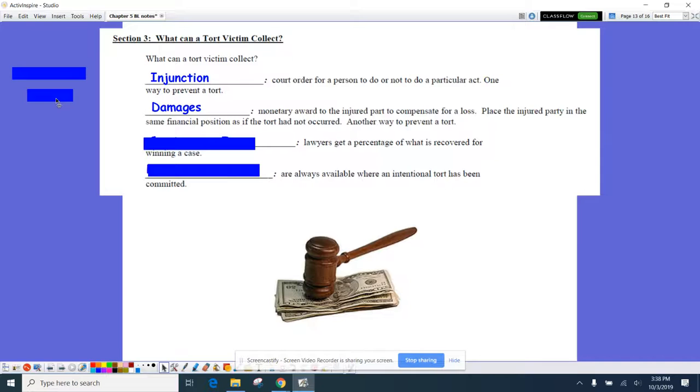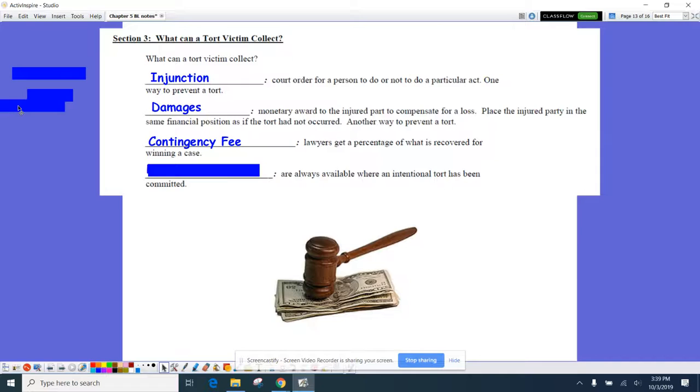Damages are a monetary award used to compensate the injured party for any kind of loss. Some damages are basically just to pay the bills. The others are meant to punish the party that is in the wrong, and we'll mention that in a second.